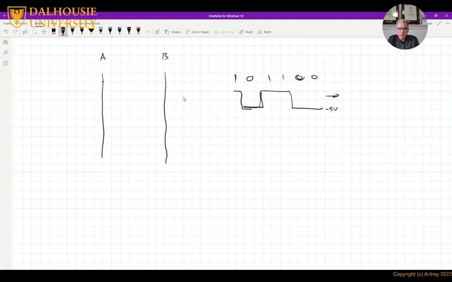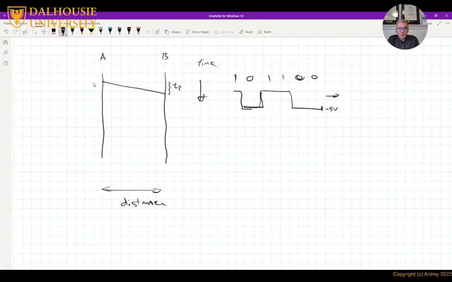So if we look at this vertical axis here as time, and this is the distance between the two locations, the time for the first bit to leave A and go to B will take some time. It will travel, and this time will be called propagation time.